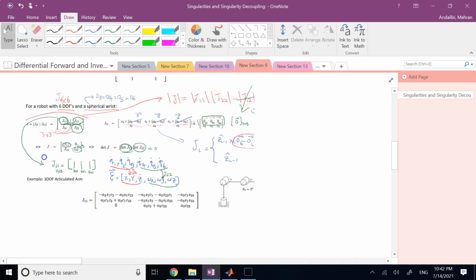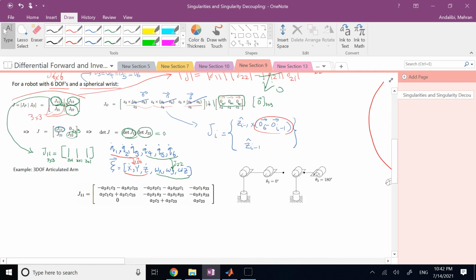And that's the case. If we look at J11 and J22, let me write it for you. When we set the determinant of J11 equal to 0, if there is any set of angles or joint values that give such a solution, we call those what?